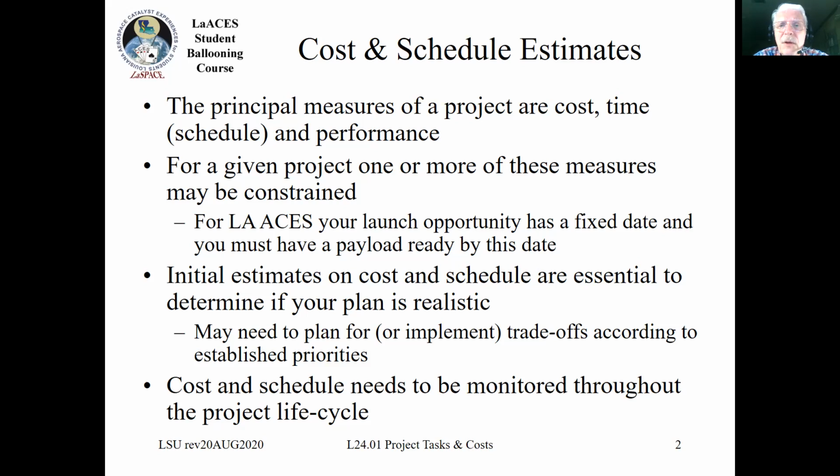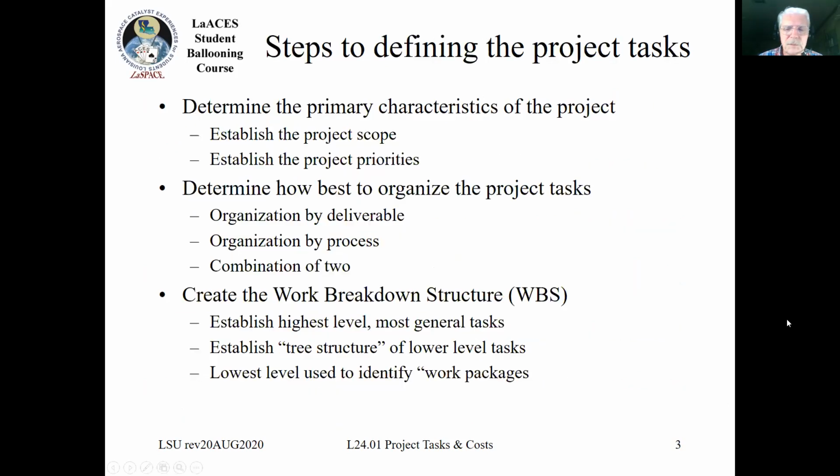You either have to reduce some performance, or you've got to increase the number of people, or you've got to do something. So it's important that you figure out how to do your cost and time schedule efforts immediately, right at the beginning of the program. And once you do that, you also need to monitor that throughout the entire life cycle to make certain that you continue to be on schedule.